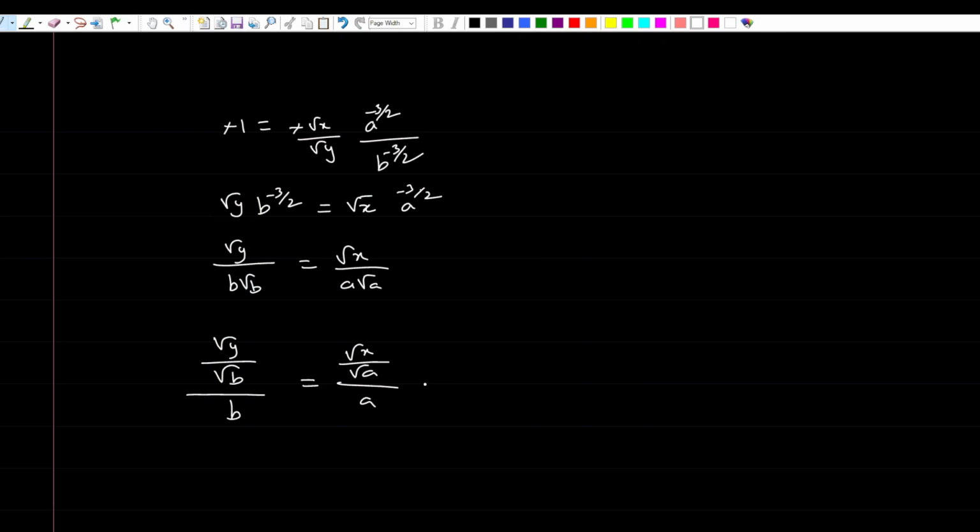By the property of equality, we can write this as root y by root b plus root x by root a divided by a plus b. By equation number 1, the numerator is 1, and by equation number 3, a plus b equal to c.